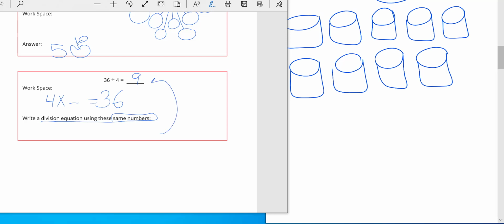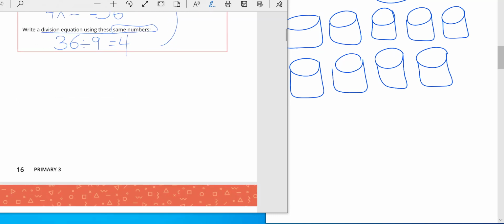From fact families we have 2 equations for multiplication and 2 equations for division. So we can use the greatest number here, 36, and replace 9 with 4. So 36 divided by 9 equals 4.